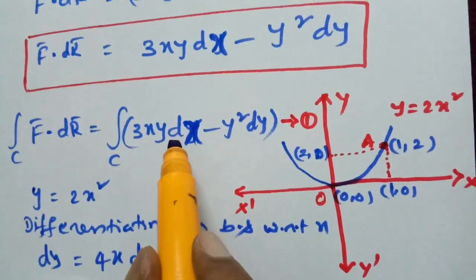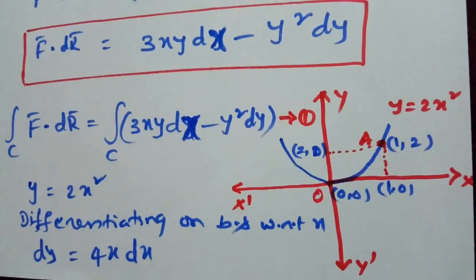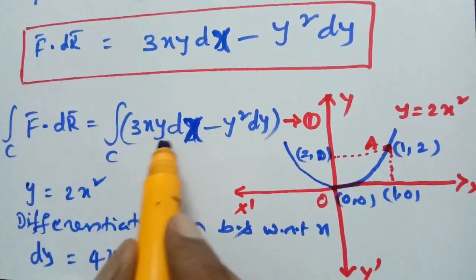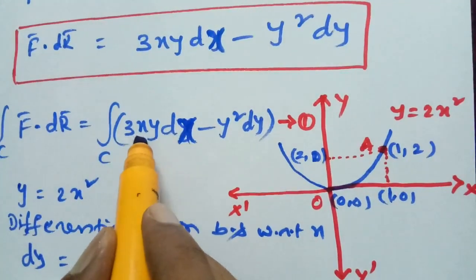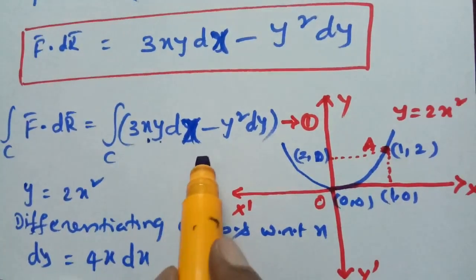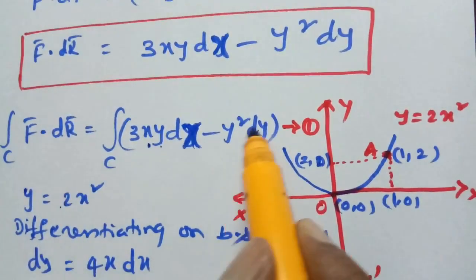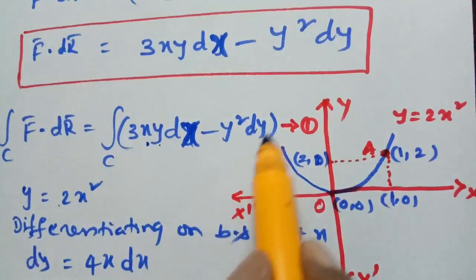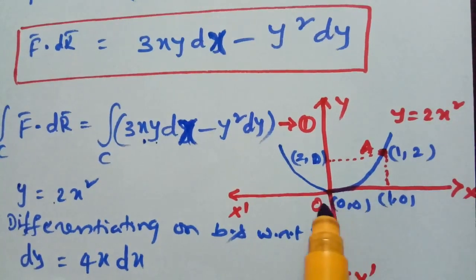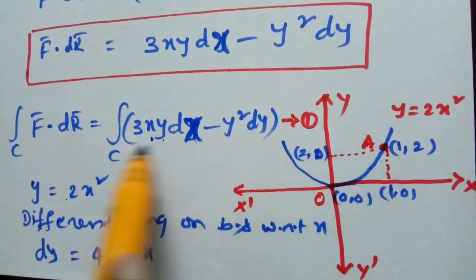Here we get 3x into 2x square dx, and y square is 4x to the power of 4, and dy is 4x dx. Otherwise we can integrate y square dy and find the limits for both x and y. Here you have two options.